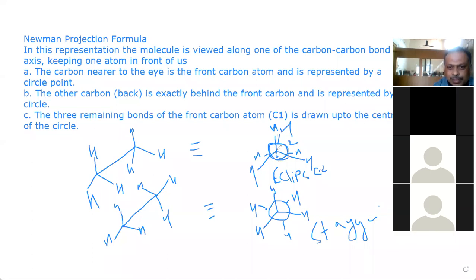These are atoms joined to the center carbon atom, carbon 1, and these bonds are joined to carbon number 2, the back carbon atom. The three bonds of the rear carbon are drawn up to the edge or periphery of the circle, and the three bonds make an angle of 120 degrees to each other. This is about the Newman projection formula.